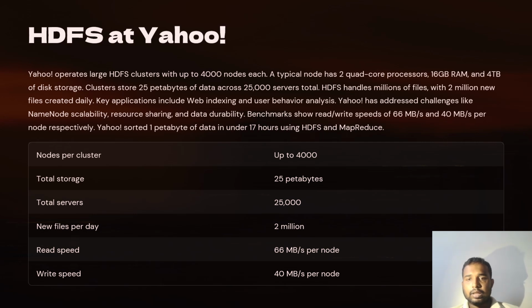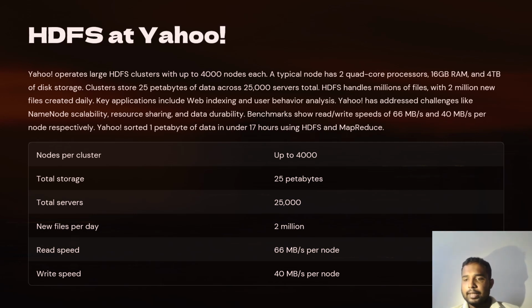Hadoop Distributed File System handles millions of files, with 2 million new files created daily. Key applications include web indexing and user behavior analysis. Yahoo has addressed challenges like name node scalability, resource sharing, and data durability.